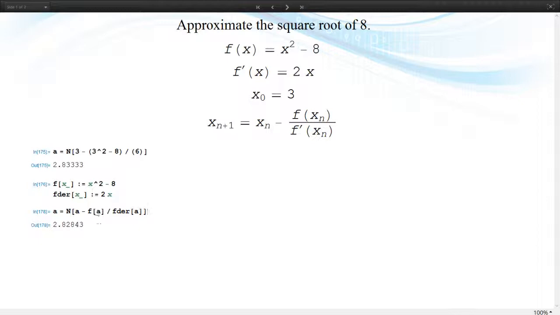So that's kind of cool. So this is our first approximation, this is our second, and here's the third and the fourth, and it looks like it's already stabilized. Maybe if we give it a few more decimal places, let's make it go out to 15.